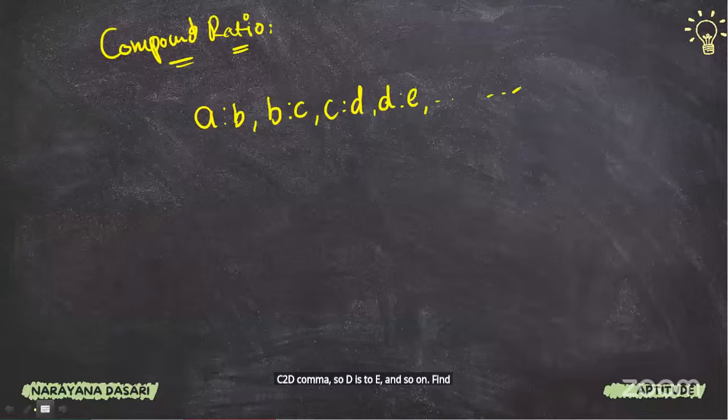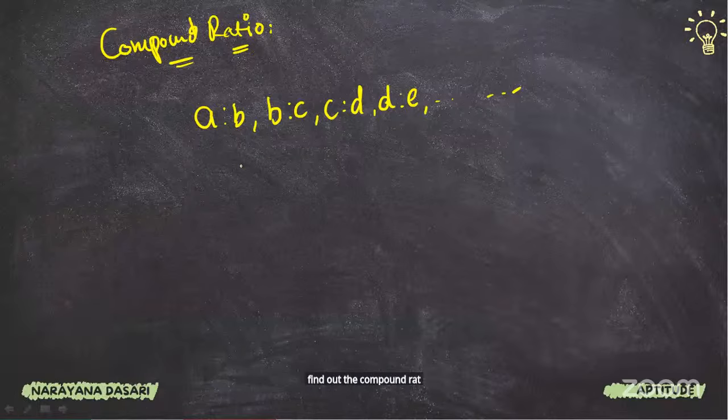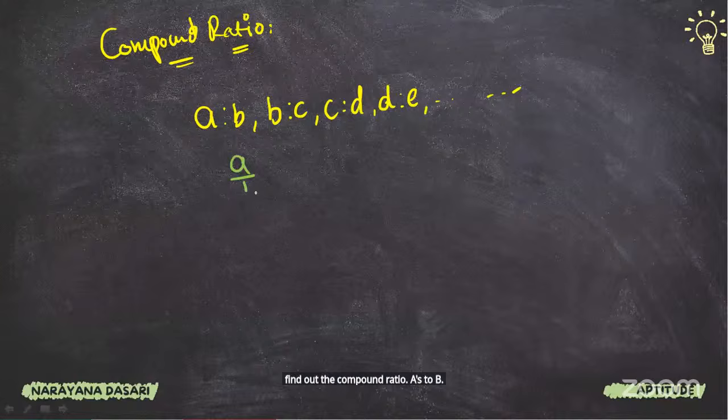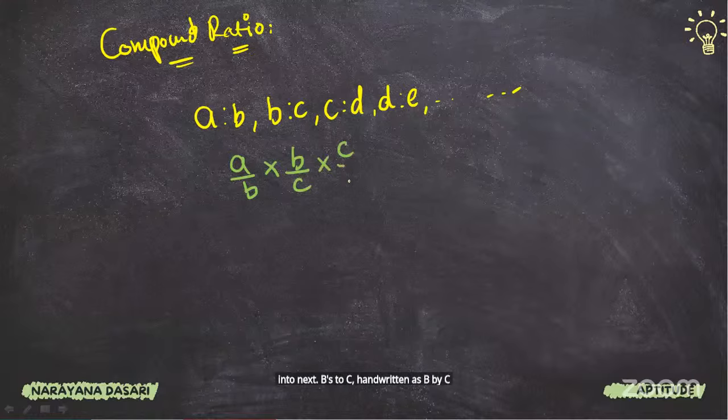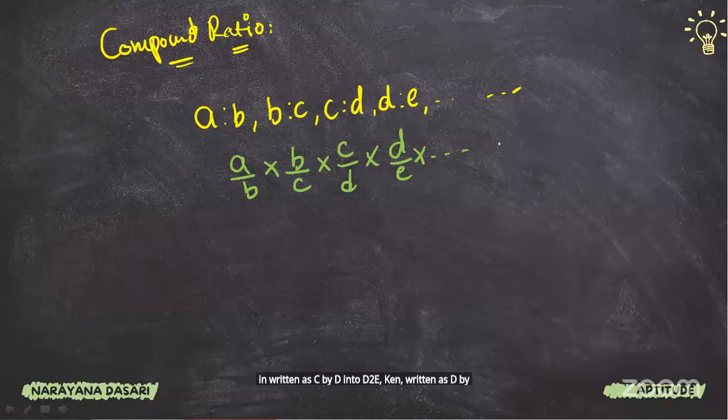Find out the compound ratio. A is to B can be written as A by B into, next, B is to C can be written as B by C into, C is to D can be written as C by D into, D is to E can be written as D by E into, and so on, guys.